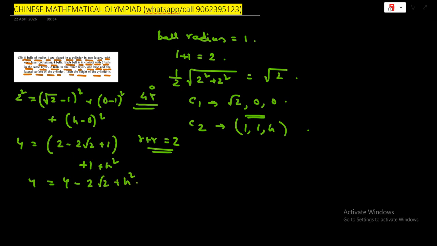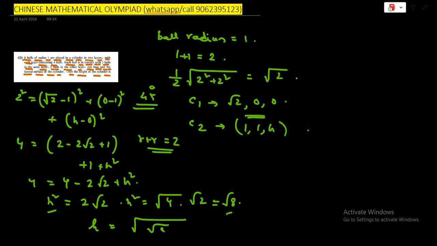Now cancel the 4's, move the 2 root 2 over, and we get h square equal to 2 root 2. Okay. Now look at h square equal to 2 root 2. We know 2 is the same as root 4. So h square is root 4 into root 2, that is root 8. So if h square is root 8, then h will be what? Root of root 8. So this is the 4th root of 8.